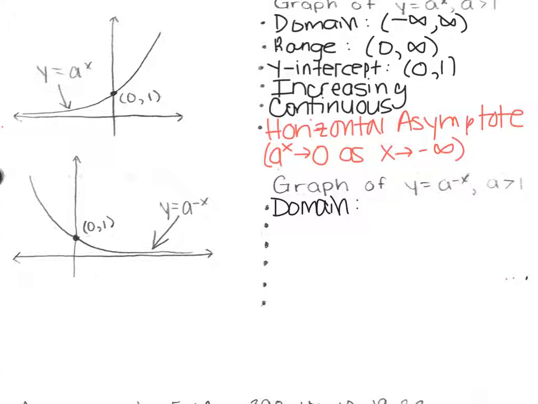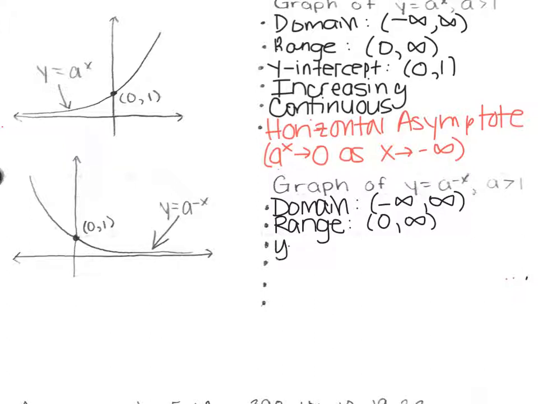I can still put in any x value that I choose, so my domain is still negative infinity to positive infinity. The range of my function, because we've reflected over the y-axis and not the x-axis, is still going to be 0 to positive infinity. We're still above the x-axis at all times.